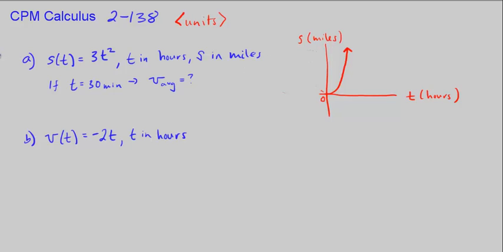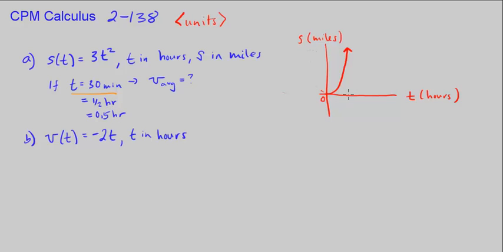So if it took Jaime 30 minutes to walk to school, so if t here is 30 minutes, what is his average velocity? We know that 30 minutes is half an hour, or we could say 0.5 hours.